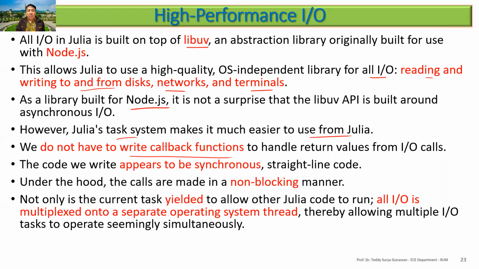The code we write appears to be synchronous, straight line code. Under the hood, the calls are made in a non-blocking manner, so it doesn't wait. That's why it is asynchronous. The current task yields, so it can signal other tasks to run. All I/O is multiplexed onto a separate operating system thread, thereby allowing the I/O task to operate simultaneously.